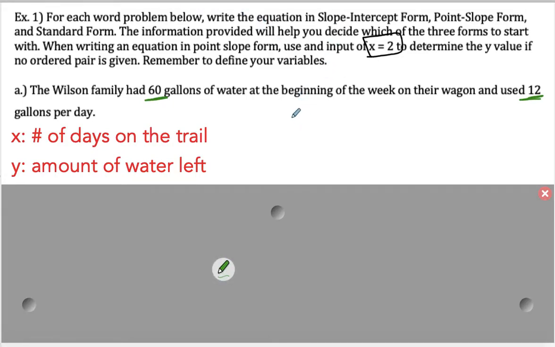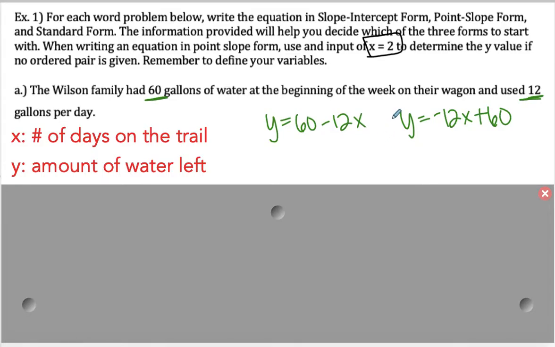Again, the first equation we could write: I'm starting with y, how much water I have. Well, I'm starting with 60, and I'm using 12 gallons per day. So either this or y equals negative 12x plus 60. Either one of those would be the slope-intercept form.